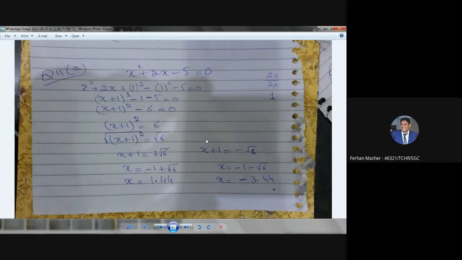Whenever you solve a quadratic equation, till now you have already learned two methods to solve it. One method is first you factorize the quadratic equation, and then you make those brackets equal to 0.